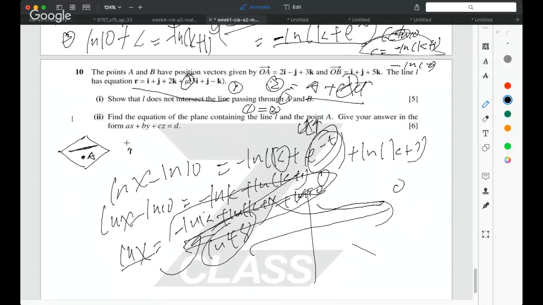The general equation would be r dot n equals d. Then you can, for example, put in a point that's on the line, like A dot n equals d, and then you work out d. You can also use this point, 1, 1, 2, dot n equals d, because that's also on the line.